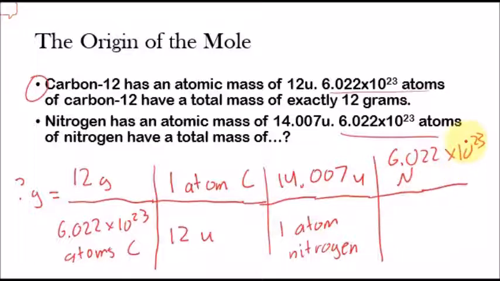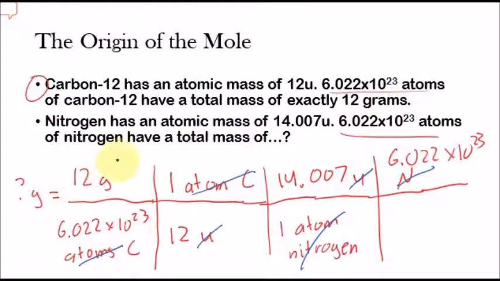Okay, so look at this interesting thing here. We use blue colors to cancel out the units. So for the units, atoms of carbon cancels with atoms of carbon, atomic mass units cancel with atomic mass units, and atoms of nitrogen cancels with atoms of nitrogen. I didn't write atoms of nitrogen here, but that's going to cancel as well.